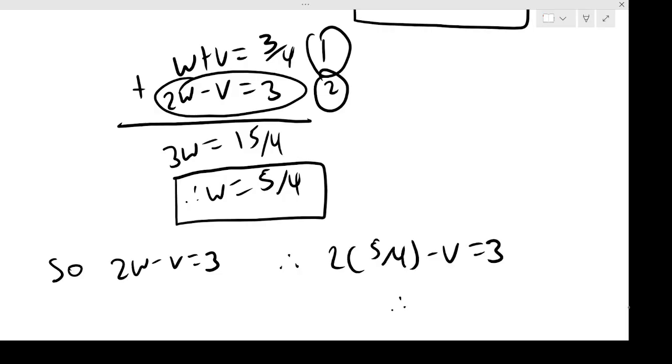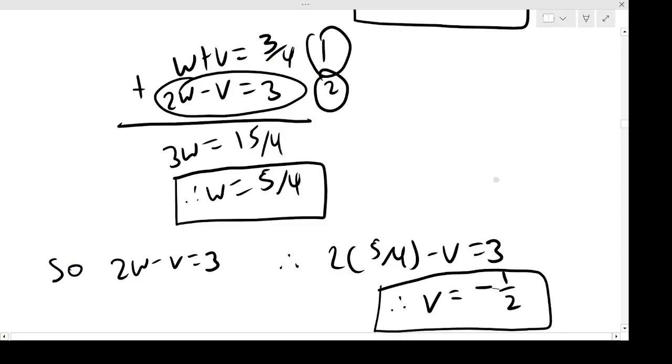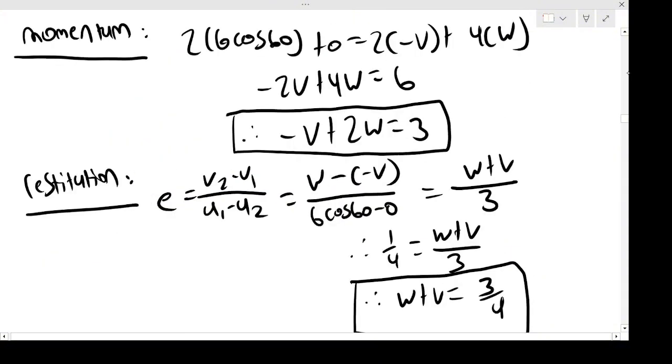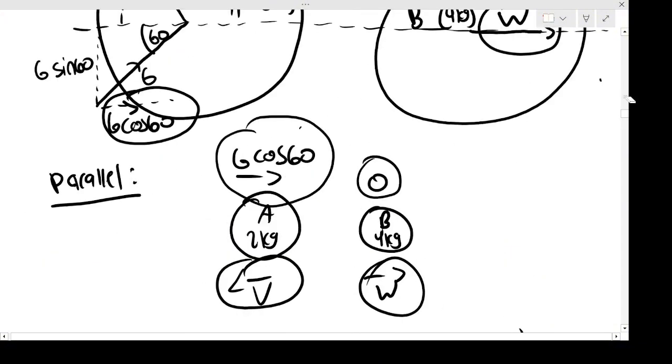And hopefully you can deduce that V then, if I solve for V, I'm going to get -1/2. And there we are. Now that's a negative result. So W was 5/4, and V is -1/2.